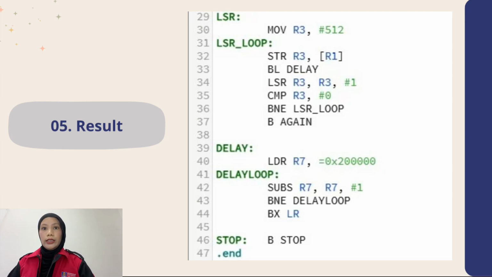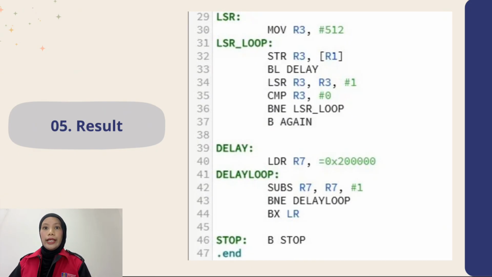For line 14, this loads a hexadecimal value into register 7, which is 0x0000. This is for our countdown timer. Then for SUBS R7 #1, this subtracts 1 from R7.